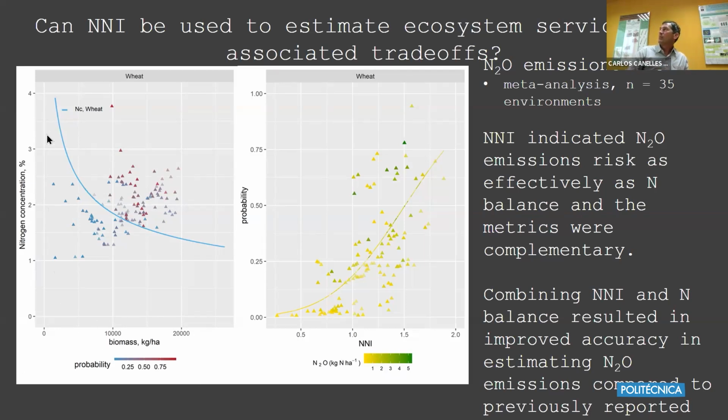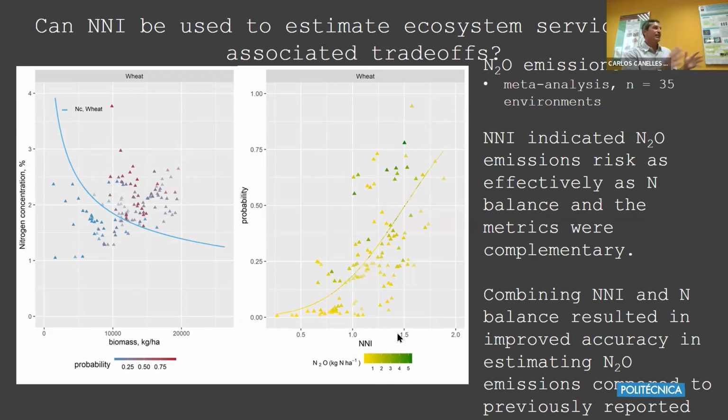We put that into the context of an NNI curve, and you can see, not perfect, but the high-probability emissions tend to be at NNIs that are really high. This is using the probability as the y-axis and NNI on the x-axis. These are the absolute measurements of N2O emissions.